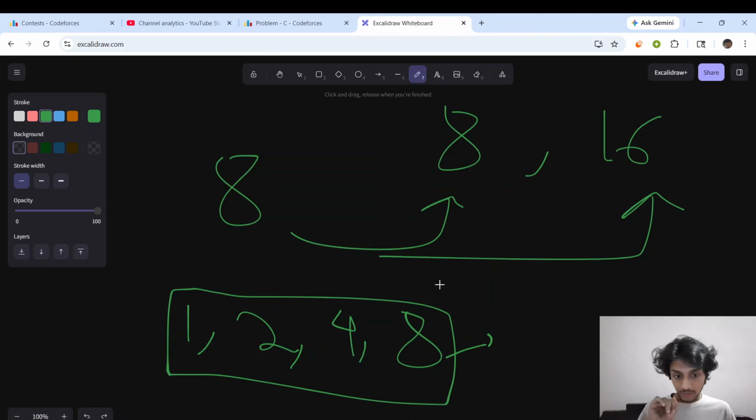Because 8 will be included, the greatest common divisor is also a factor of itself. 8 divides 8. 1 is always there, and 2 and 4. So the answer for this problem is 4: 1, 2, 4, and 8.